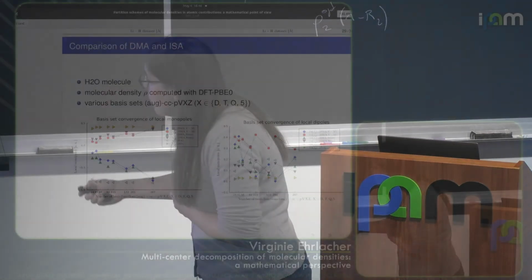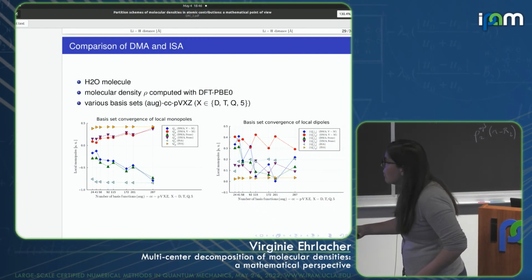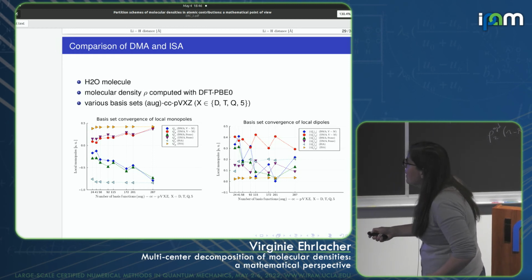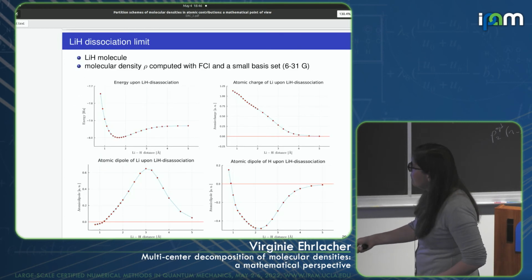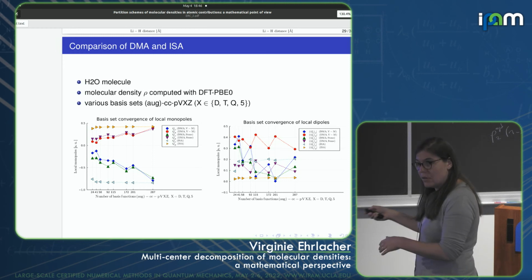So what can you see here? There are these orange and light blue triangles. These are the values of the partial charges obtained by the ISA method. On the axis, the size of the basis sets increases.